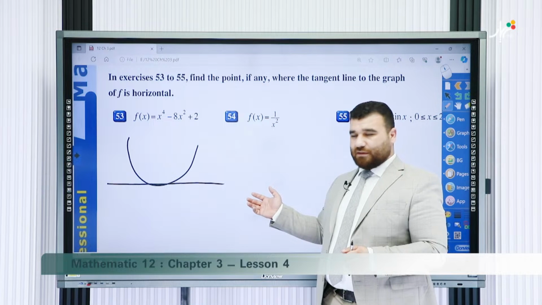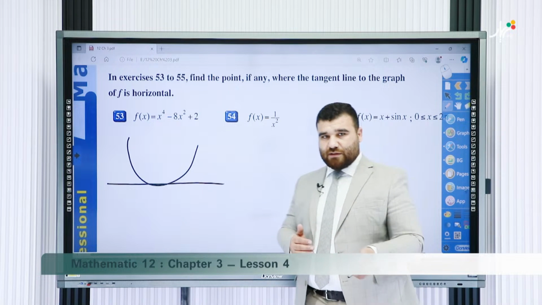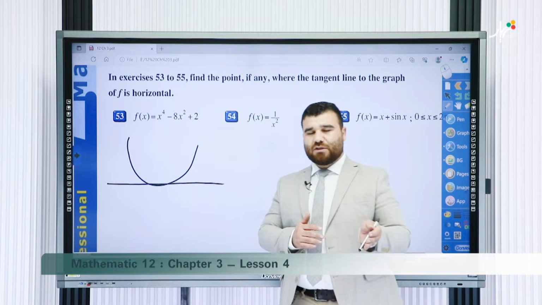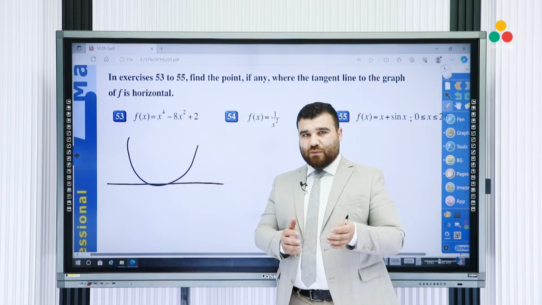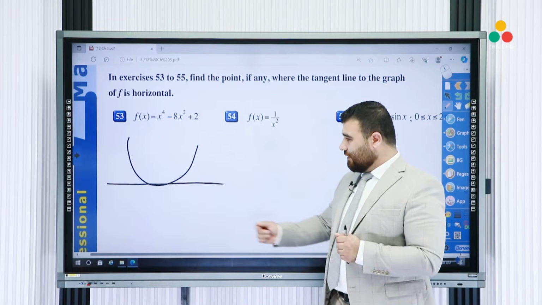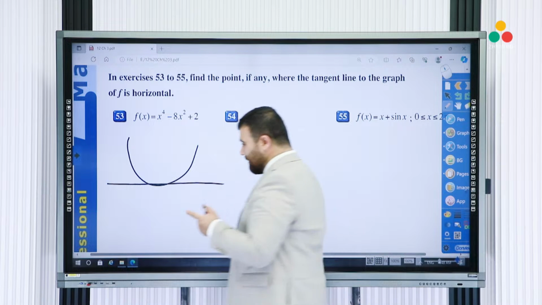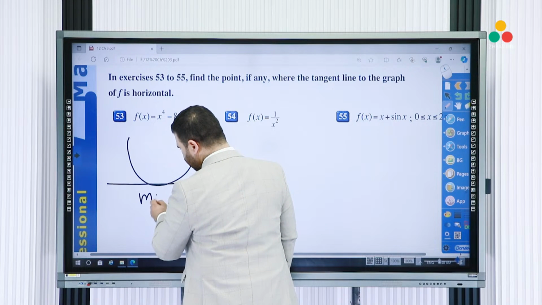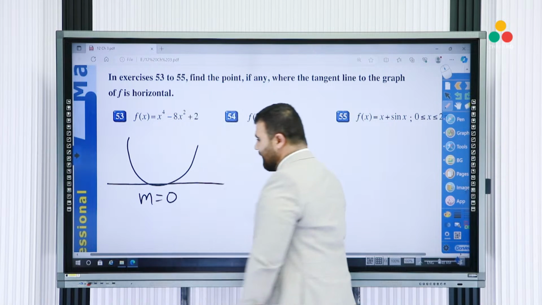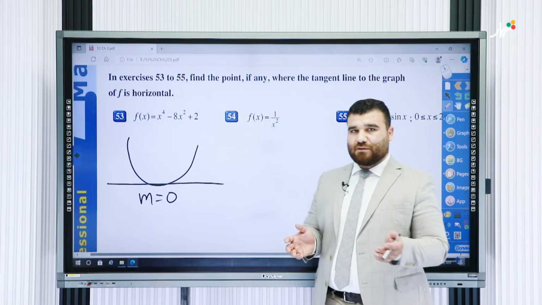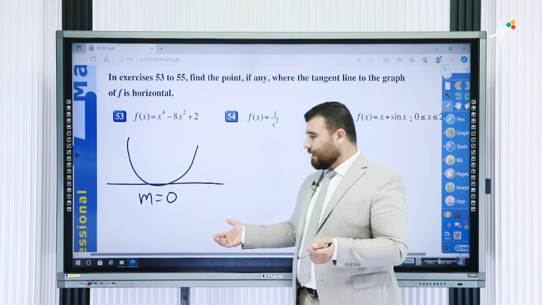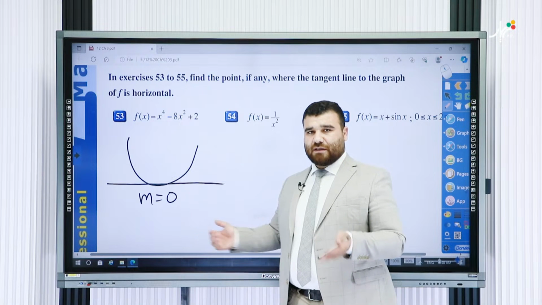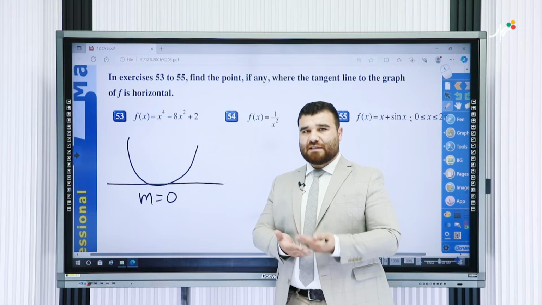Since we work on derivatives, we relate any problem with lines to slope. And when we have slope, we can deal with it as a derivative. The slope of horizontal lines is 0. Any horizontal line has slope 0. Now, if this horizontal line is a tangent line, it doesn't change this fact. This tangent line has slope 0.